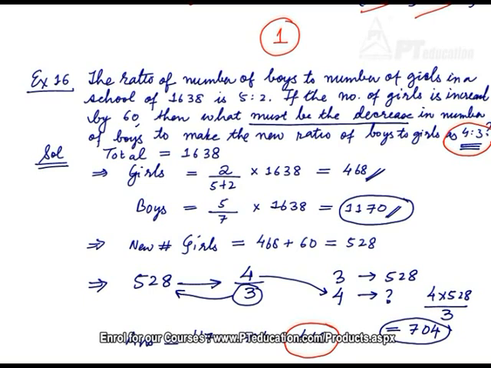As you can see, 1170 is the original number of boys, 704 the final number of boys, and so the final answer, which is the decrease in the number of boys, will be 1170 minus 704, which is equal to 466. That is our final answer.